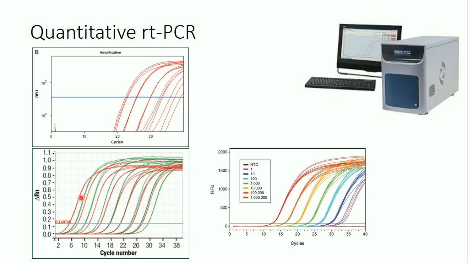So we use this to compare between samples. If I have several samples, I can use real-time PCR, and then I can know from the CT which sample had the highest amount of DNA at the beginning.